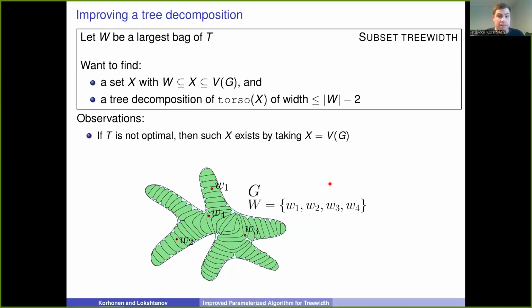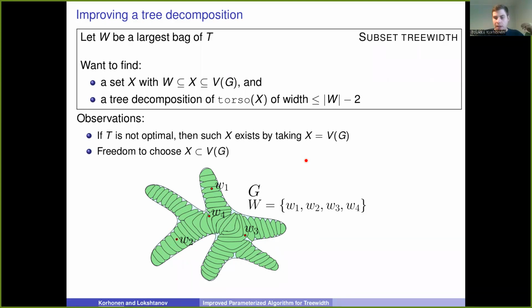First observation: if our tree decomposition T is not optimal, then this kind of set X always exists, by just taking X equal to all of the vertices of G, because then the torso X is the same as G, and the tree decomposition of the torso X can be just the optimal tree decomposition of G. So when W is a large bag of a non-optimal decomposition, the solution of subset treewidth always exists. But of course, this solution is very trivial. It doesn't give us any insight.